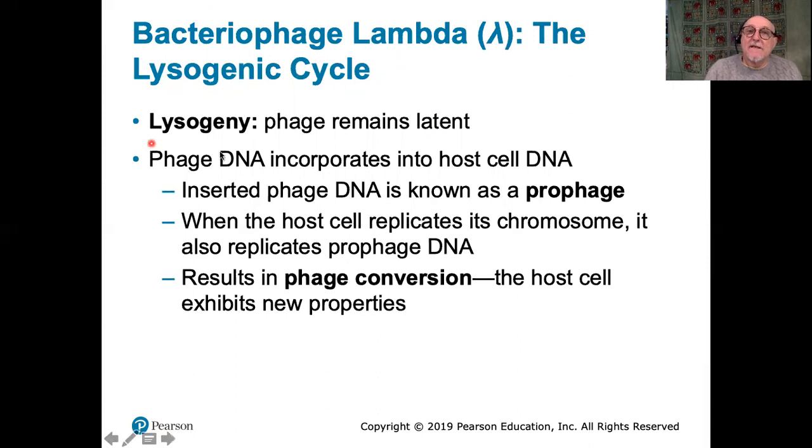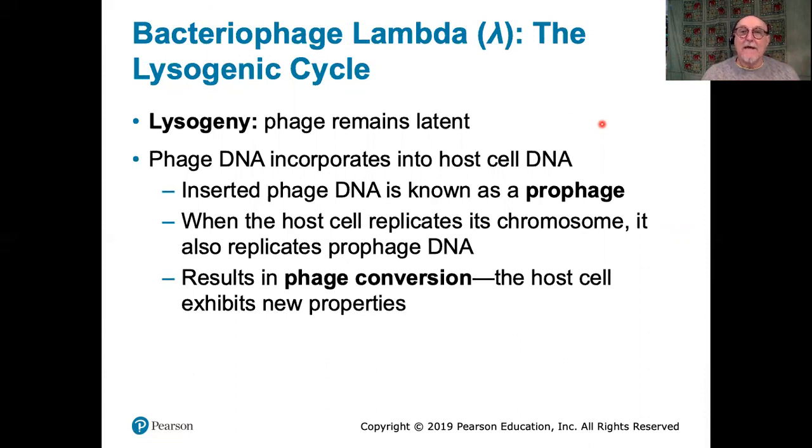So this term lysogeny implies that the phage is able to remain latent. For much of the bacterial cell's life cycle, the virus just remains completely silent. It remains latent.